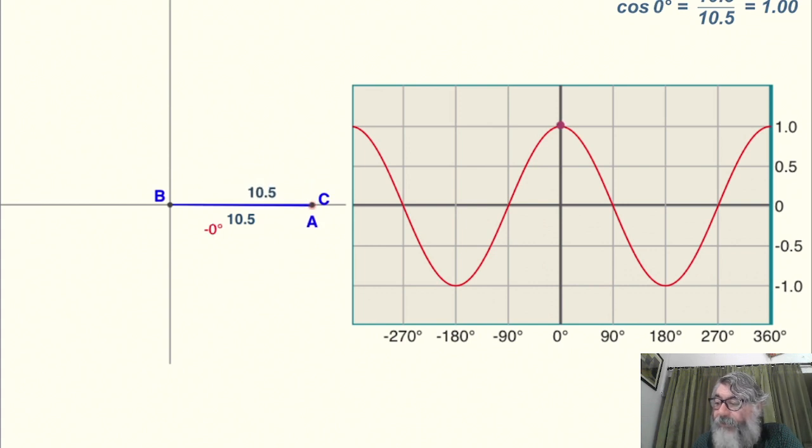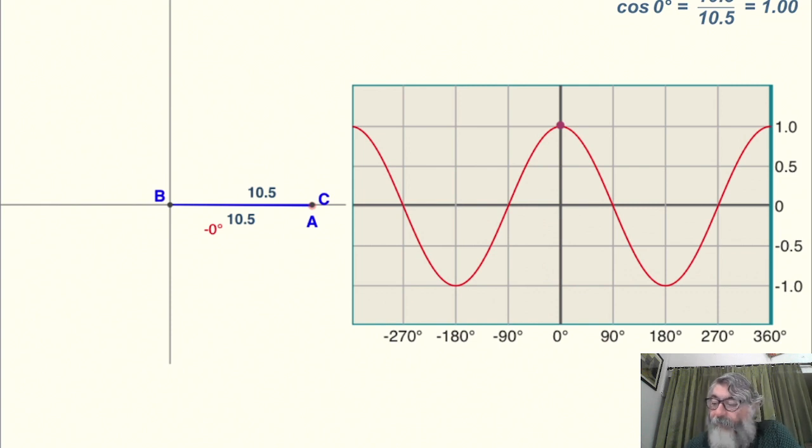When I am bringing it to 0 degree, what will it become? Cos 0 will become 10.5 upon 10.5, base upon hypotenuse. Base and hypotenuse are the same in this case when BA is covering exactly BC.